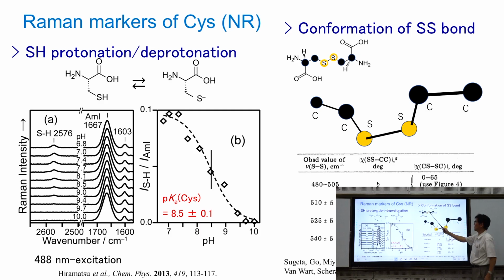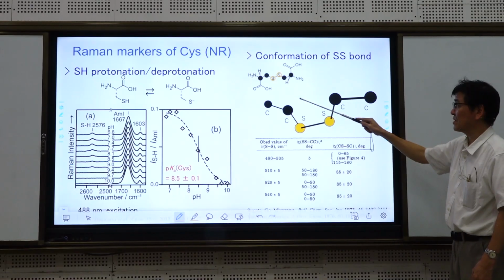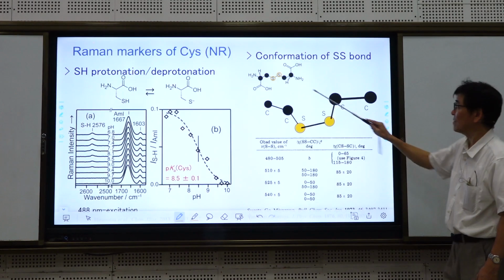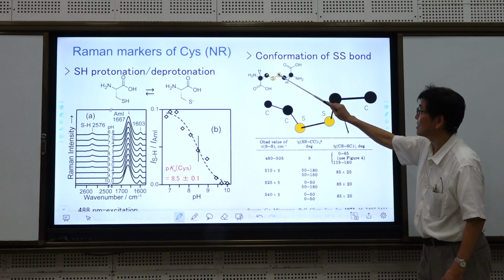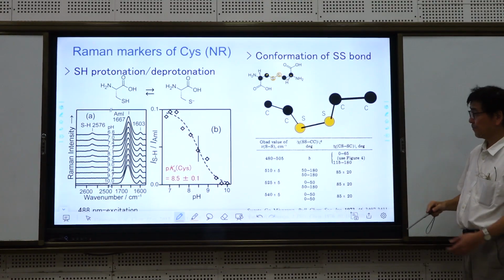When SH forms the SS bridge, it gives a peak of the SS stretch near 500 wavenumbers. Depending on the conformation of the CCSSCC, the peak position is different.